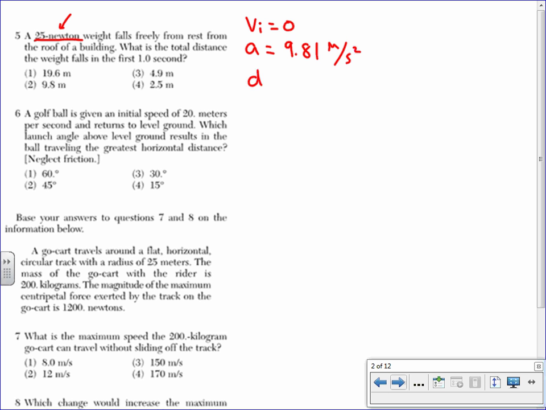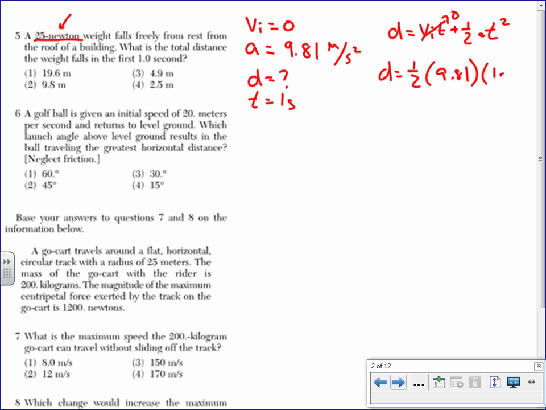And I'm looking for the distance in the time of 1 second. So if you look at your reference table, something that's got your d, vi, a, and t, you'll find d equals vit plus 1/2 at squared. And if your initial velocity is 0, that cancels that out. And if we're looking for the distance, then it's just 1/2 times 9.81 times 1 second squared. So that should get you 4.9 meters.